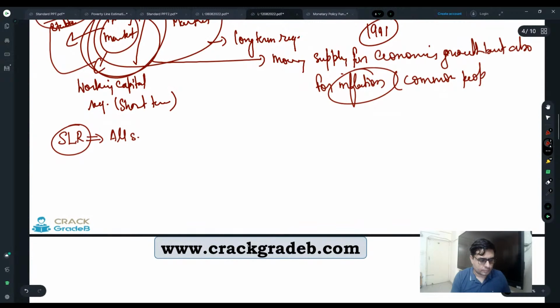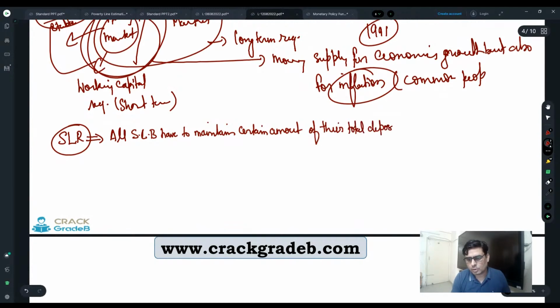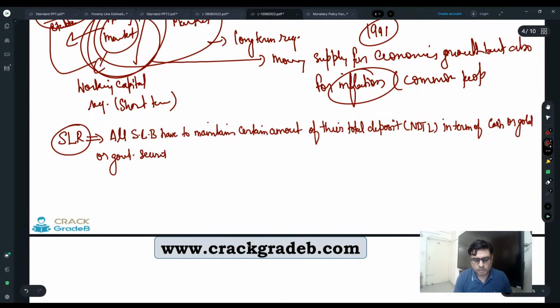All scheduled commercial banks have to maintain a certain amount of their total deposit, in detail in terms of cash or gold or government securities, with themselves.